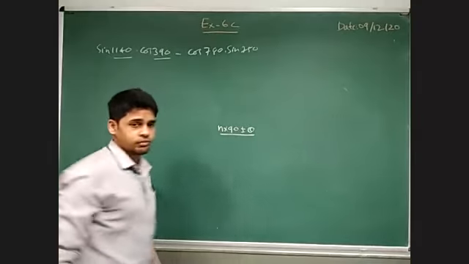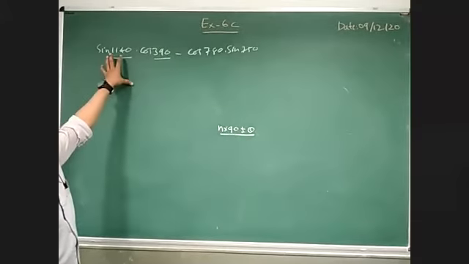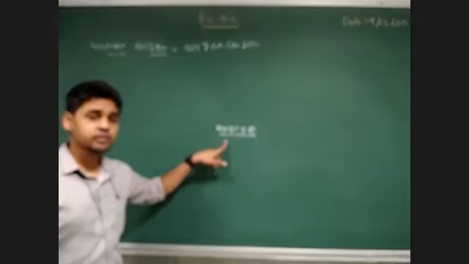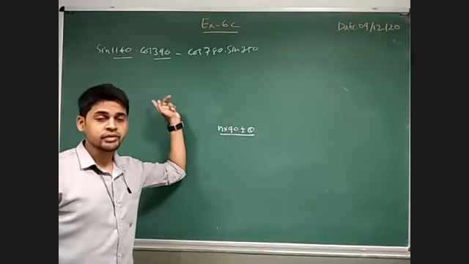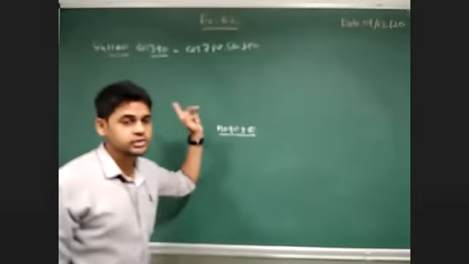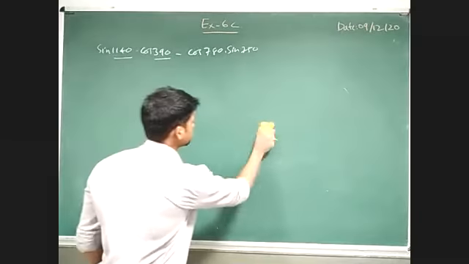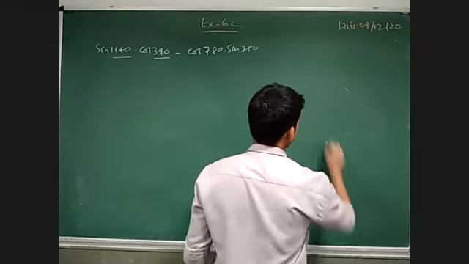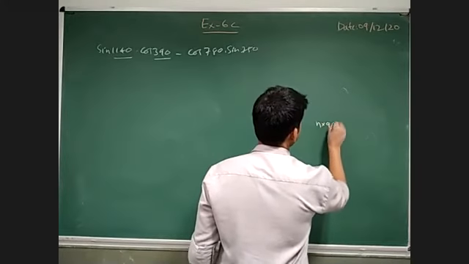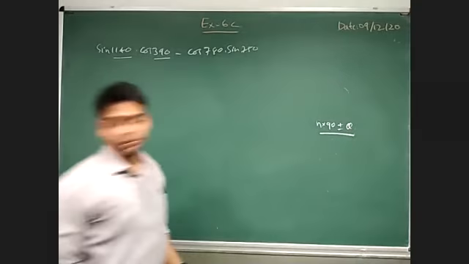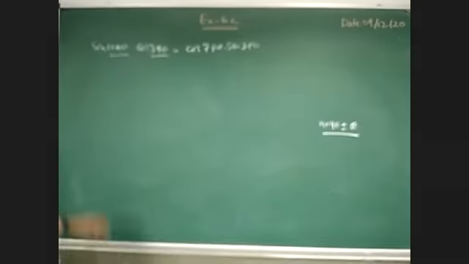If we break this bigger value of theta into this form, then we are able to find it. Understood? So here, just see, I am going to break this theta into n into 90 plus minus theta. Just see here.